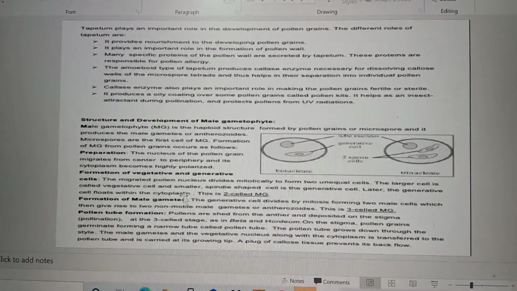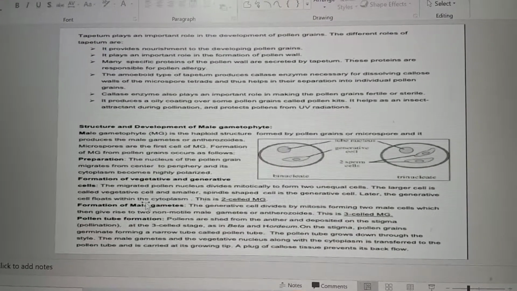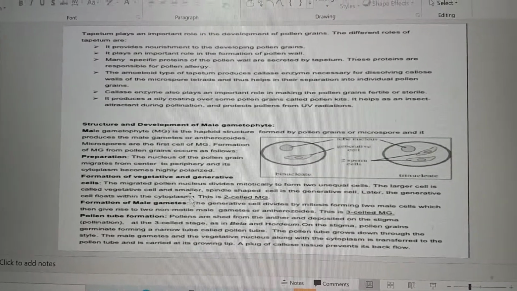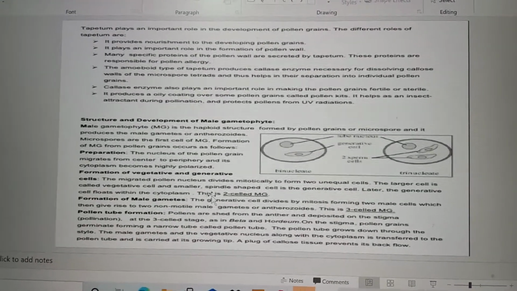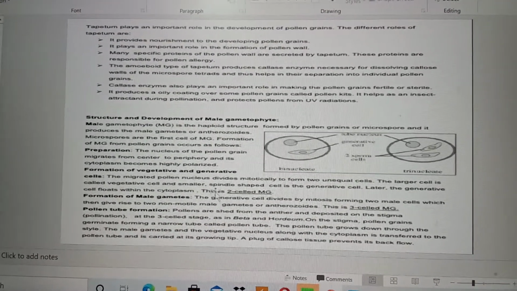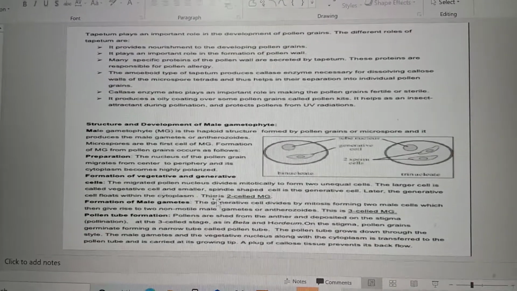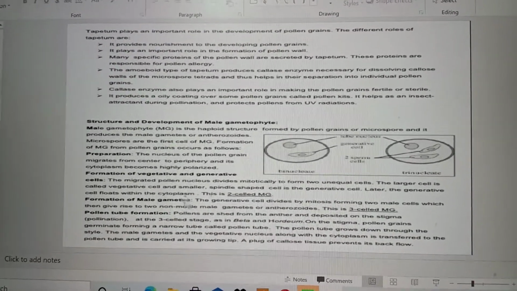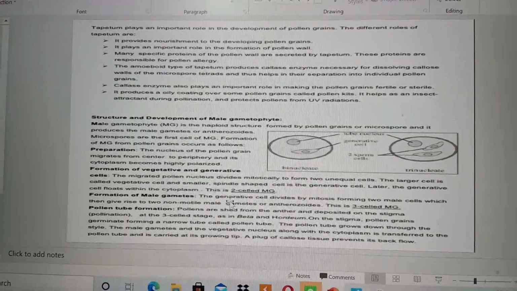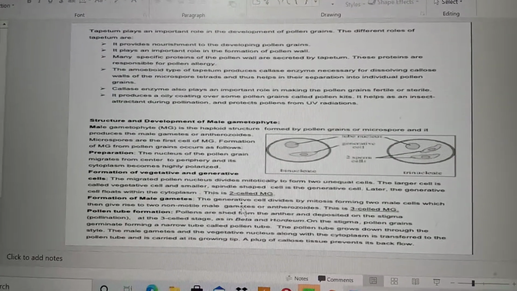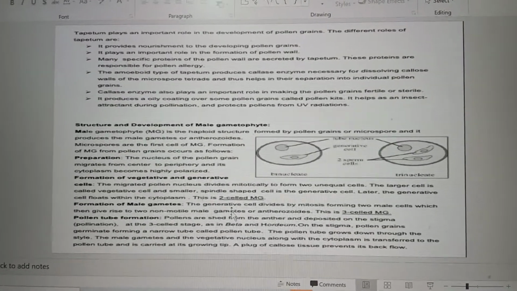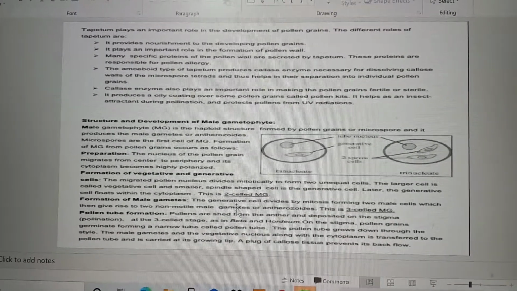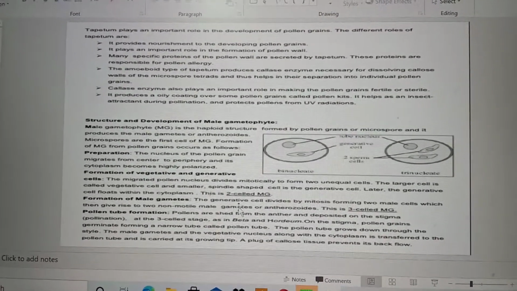At this two-celled male gametophyte stage, the pollen grain is shed from the flower or from the parent. In 60% of angiospermic families, the pollen grain is shed at this two-celled stage.